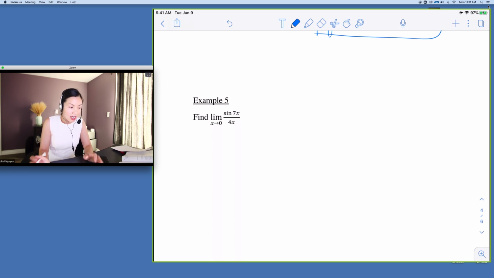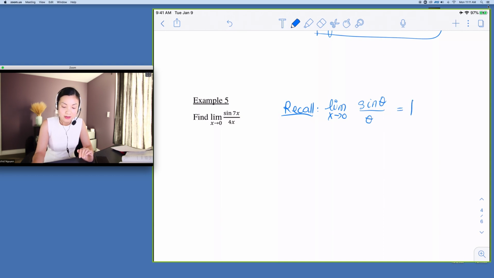Now first, I need to rewrite the function. The reason I want to rewrite the function is, recall, the limit as x approaches 0 of sine theta over theta is going to give you 1. Okay, so keep that in mind.